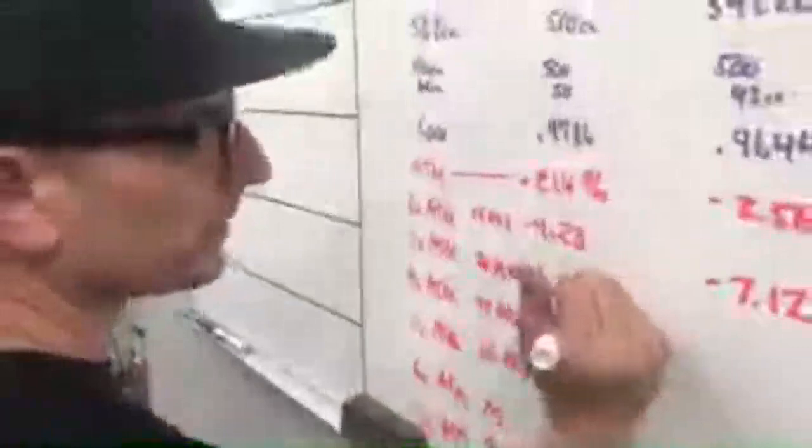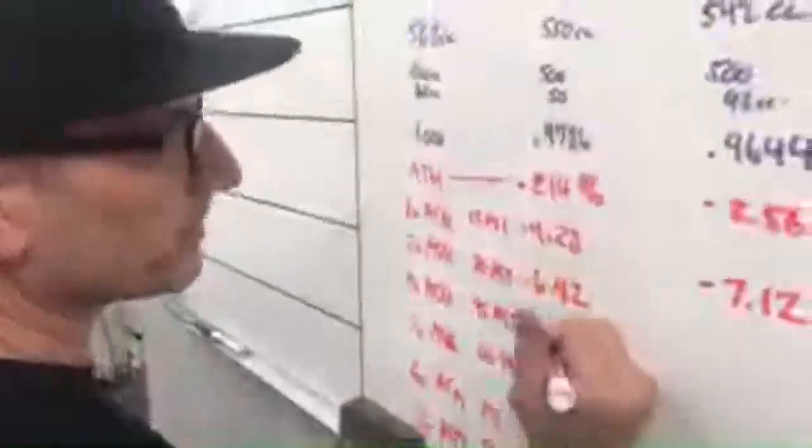Is that right? Yep. I don't want to be faster than the calculator. 8.96? Is that one? Yep. 5.6, sorry. And what about 60 psi? So 5 times. Negative 10.7.